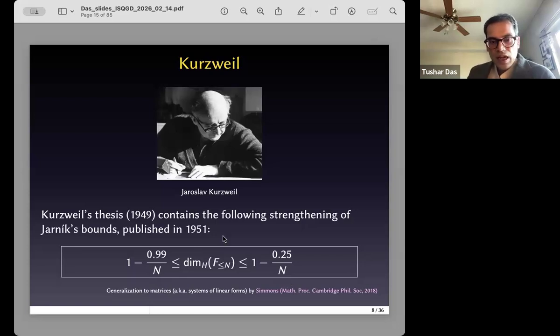So they're a large set of numbers, and you might be interested in approximating larger systems of linear forms rather than just single real numbers. And so there's a matrix approximation framework, and Kurzweil's bound right here has been generalized by my brilliant collaborator, David Simmons. And so you can see his paper by clicking on this link if you're so interested.